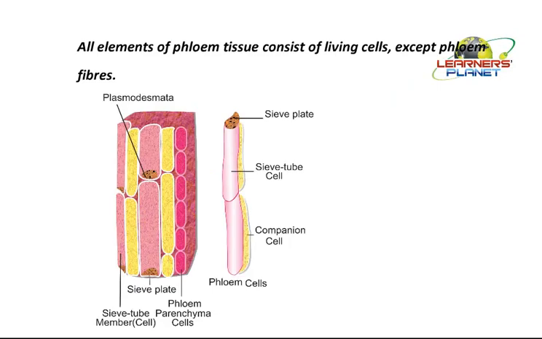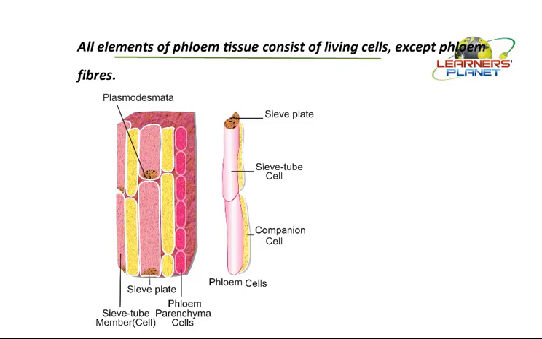Now after this much discussion, the very important point that is clear here is that all the elements of phloem tissue consist of living cells. In the case of xylem tissue, a similar sentence was there, that all elements of xylem tissue consist of dead cells, except what? Except parenchyma in case of xylem.